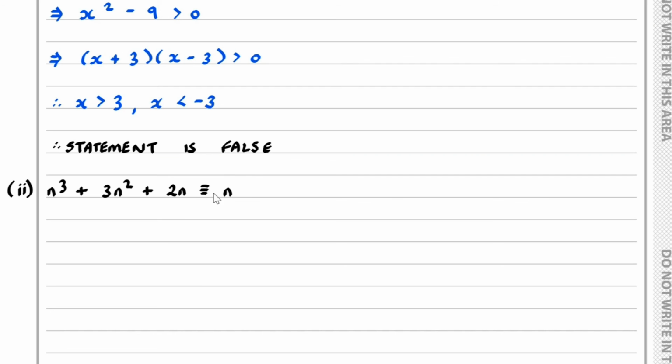This is equivalent to n multiplied by n squared plus 3n plus 2. So I have n multiplied by n plus 1 multiplied by n plus 2 when I come to factorize fully.